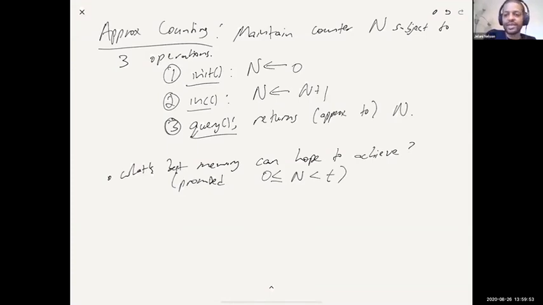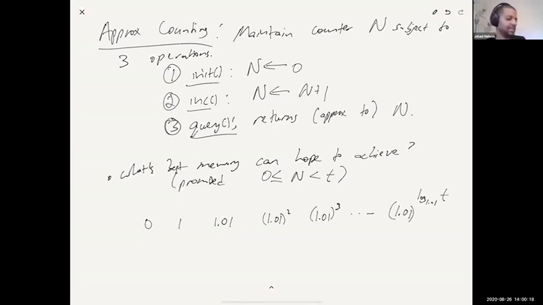Well, let's just look at the powers of 1.01. So if I need to have the right answer to within 1% error, let's look at the powers of 1.01 all the way up to t. So, okay, n could be 0, or it could be 1, or it could be something that's close to 1.01 or 1.01 squared, 1.01 cubed, up to basically 1.01 to the log base 1.01 of t.